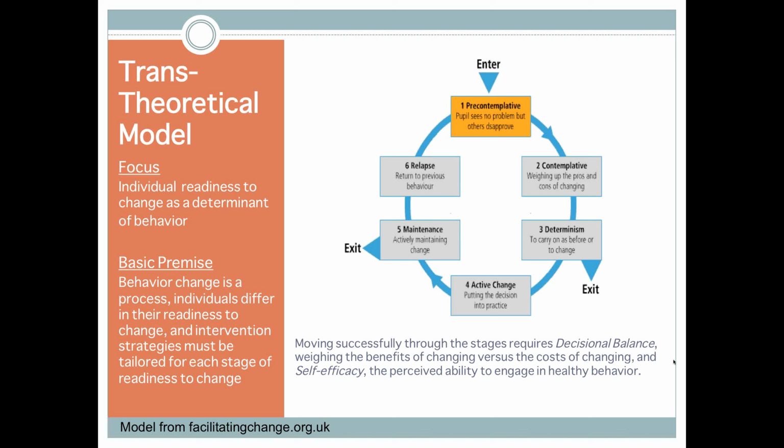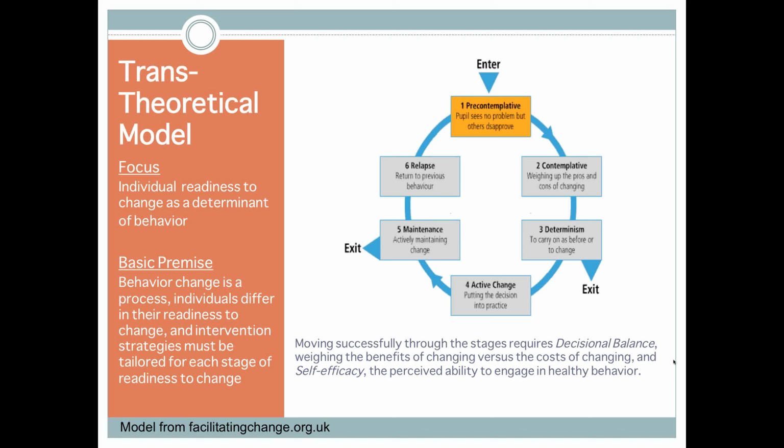An important part about the trans-theoretical model is that because behavior change is seen as a process, people can be at different stages, and based on which stage someone is at, you would intervene with stage-specific strategies.